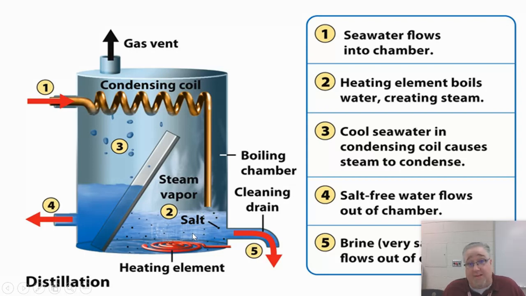So the water will basically boil. Now, if you know anything about boiling salt water, because that's what's coming in, all of the water will turn into vapor, and it'll leave behind all the salt. So all of that steam is going to rise, and when all that water vapor comes in contact with this cold coil, this is cold, by the way, then it'll condense.